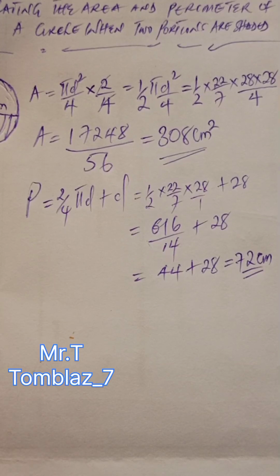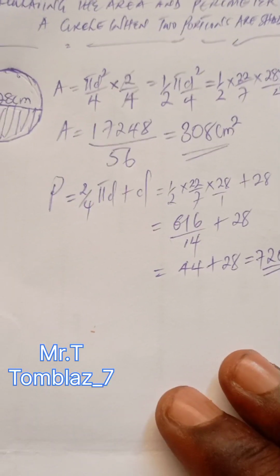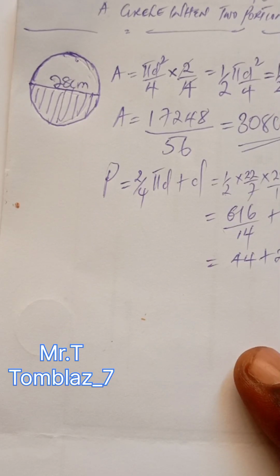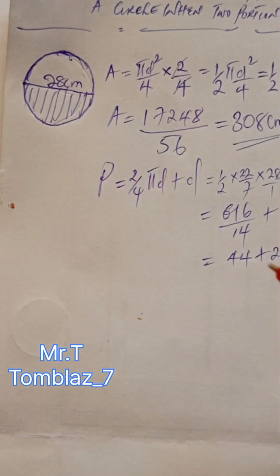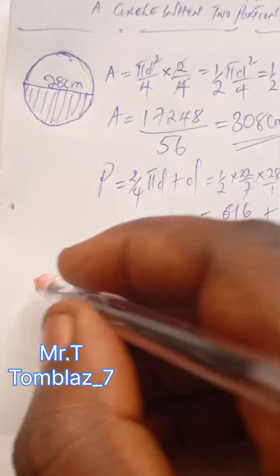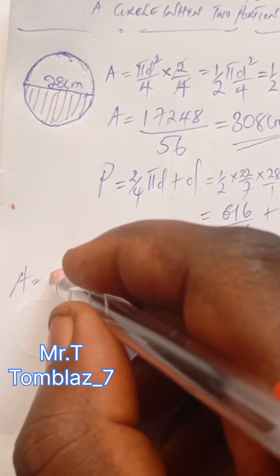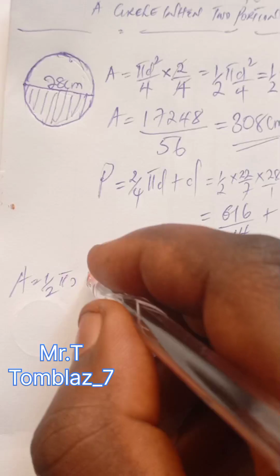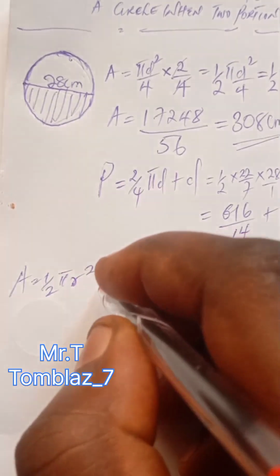In case you want to still use radius, you are allowed. Let's try radius for the area. Area will be 1 over 2 pi r squared.